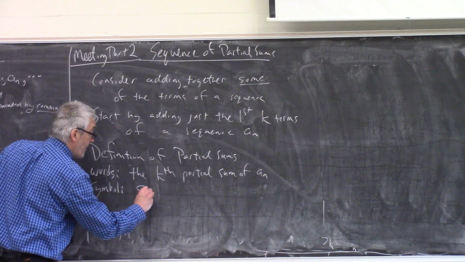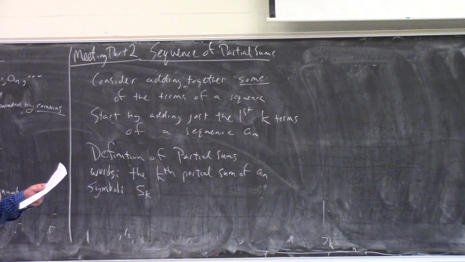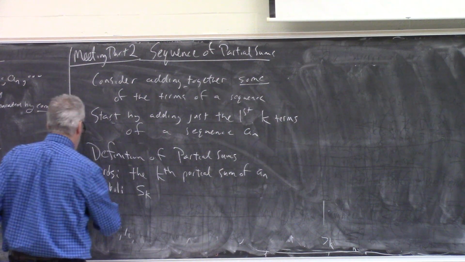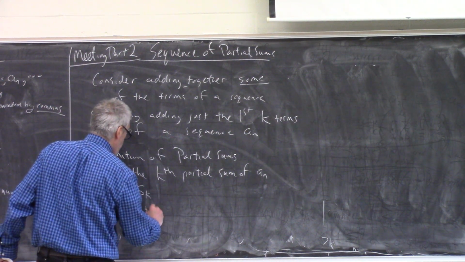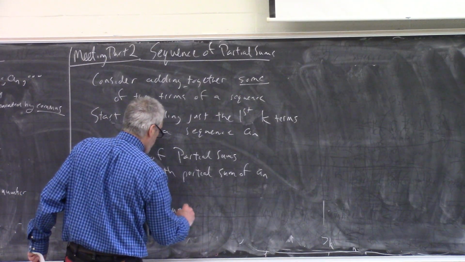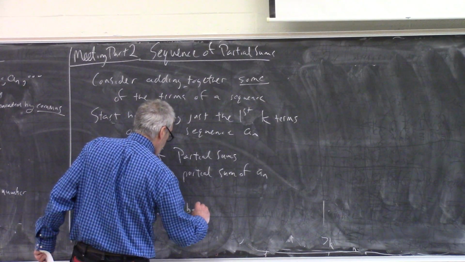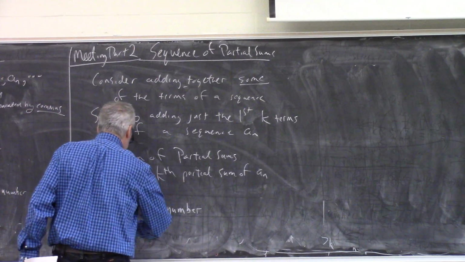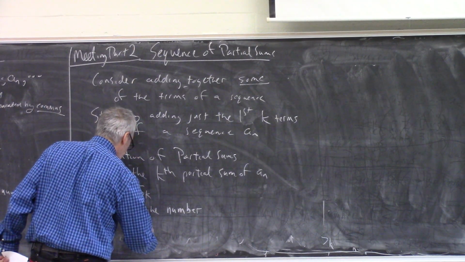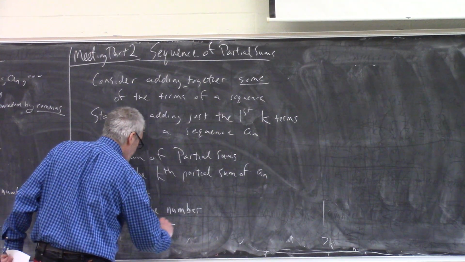Don't complain about my k's. And here's what it means. S subscript k apparently stands for a number, so I'm going to tell you what that number is. So the number is denoted by S subscript k, and what it is is this.